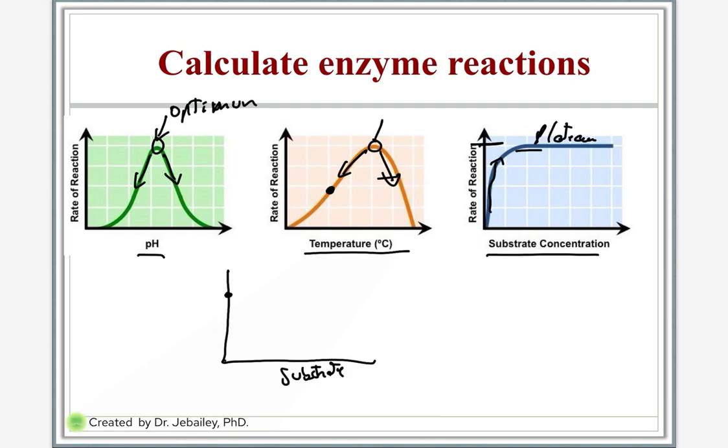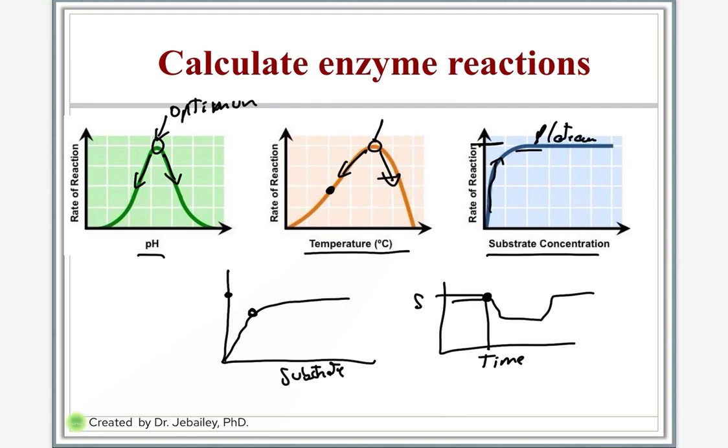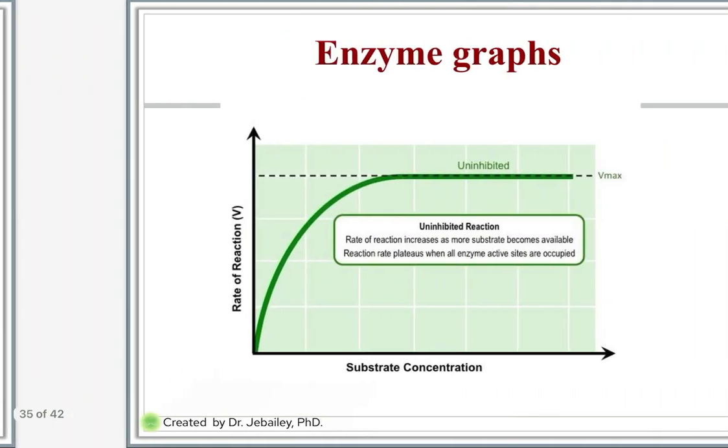From this process we can figure out how much product is being produced after how many minutes. I can also have substrate over time, and then we can see if the substrate goes down or up, whatever it is. We can pick the amount of substrate and the time, and from there we can put it into 1 over whatever the time is and find the rate of the reaction.